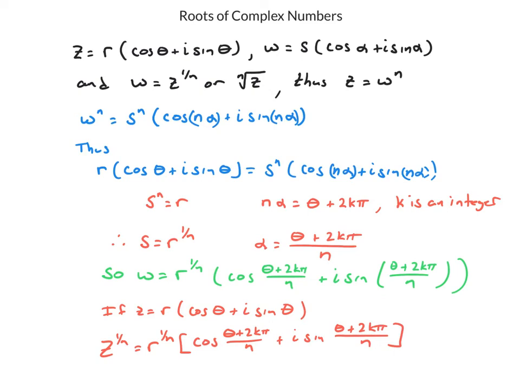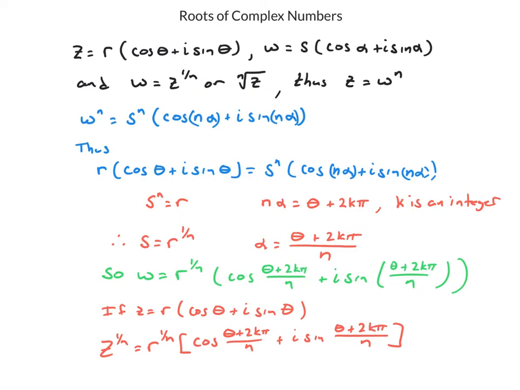Now again, remember, in order for complex numbers in polar form to be equal, their magnitudes have to be equal. So I know s to the n has to equal r. And therefore, if I solve it for s, s is r to the 1 over n power. The other thing I know is that their arguments have to be coterminal angles.